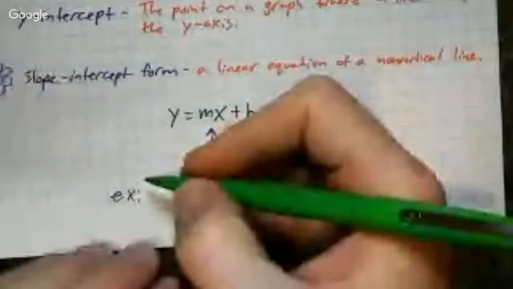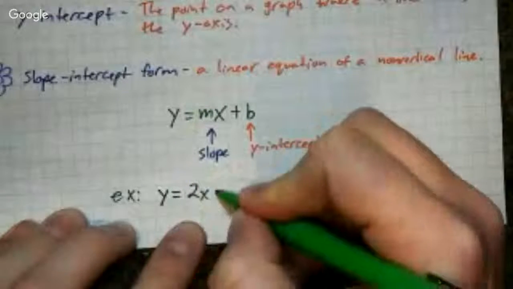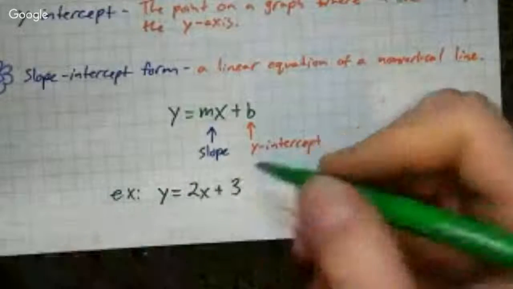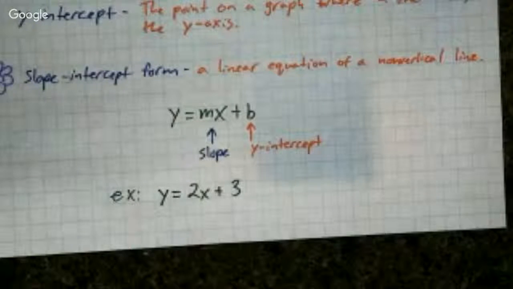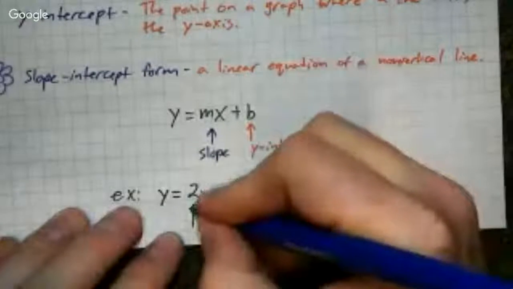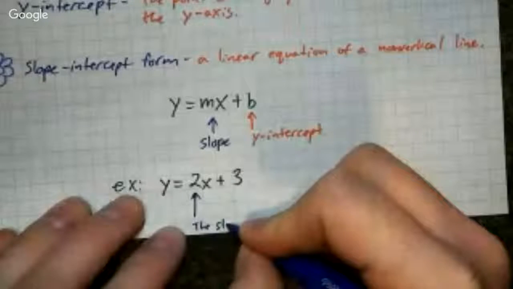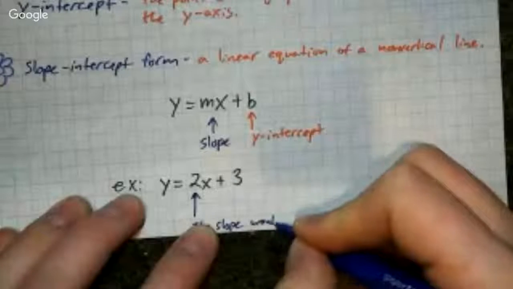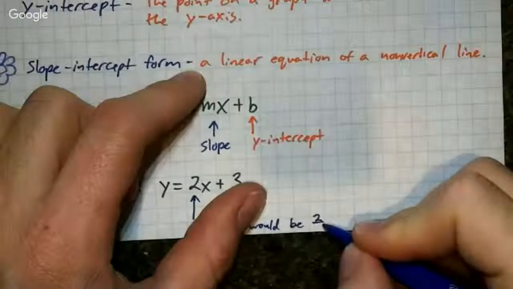So as an example, let's get one example in here before we move on to some modeling. The example is y equals 2x plus 3. If that was our equation, easy enough. We look right here, and the slope would be 2 over 1.